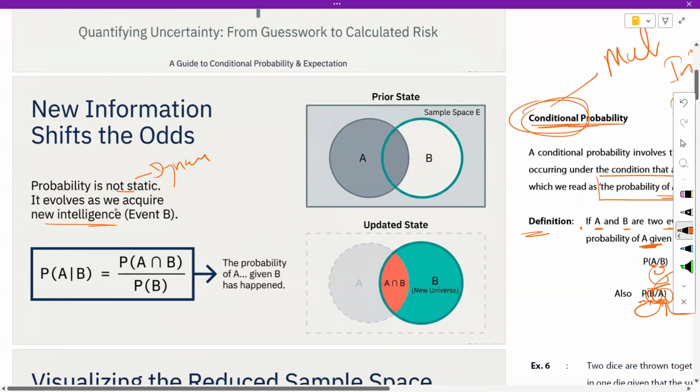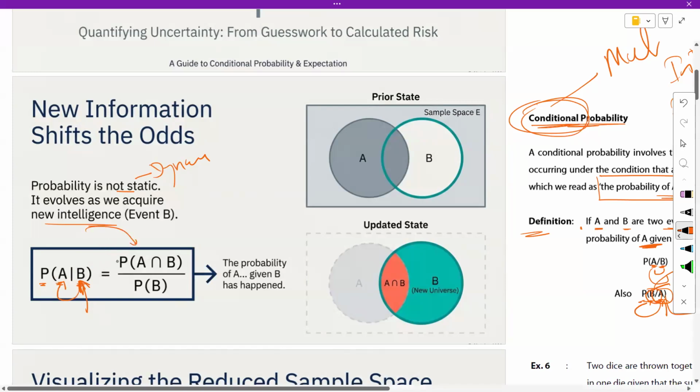So whenever we get new information, our prediction accuracy may be improved. The probability of A given B: remember, B is the larger one, the denominator. Even B should happen early, first, and be followed by A.